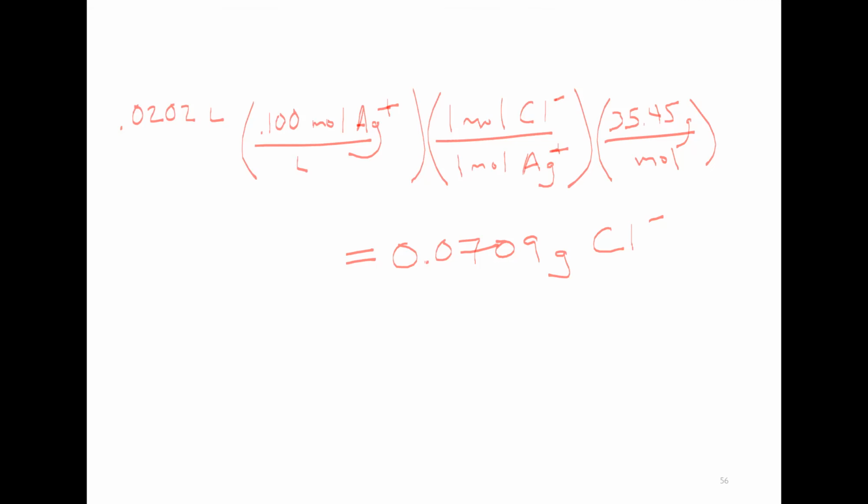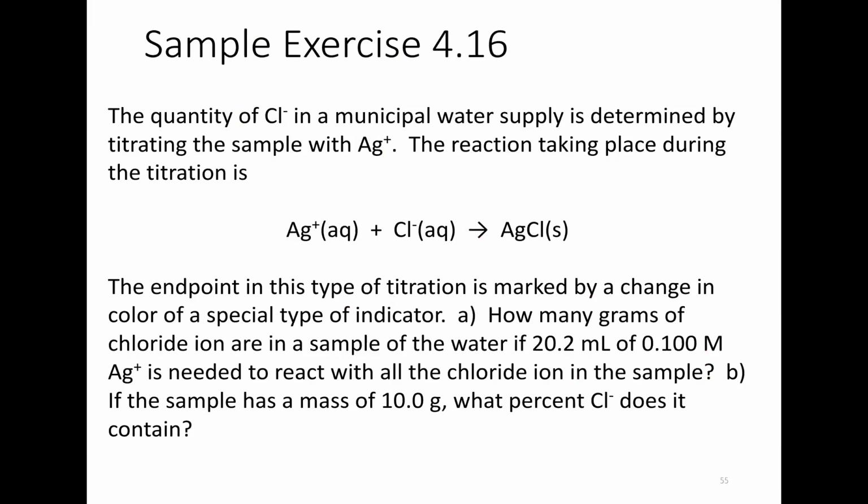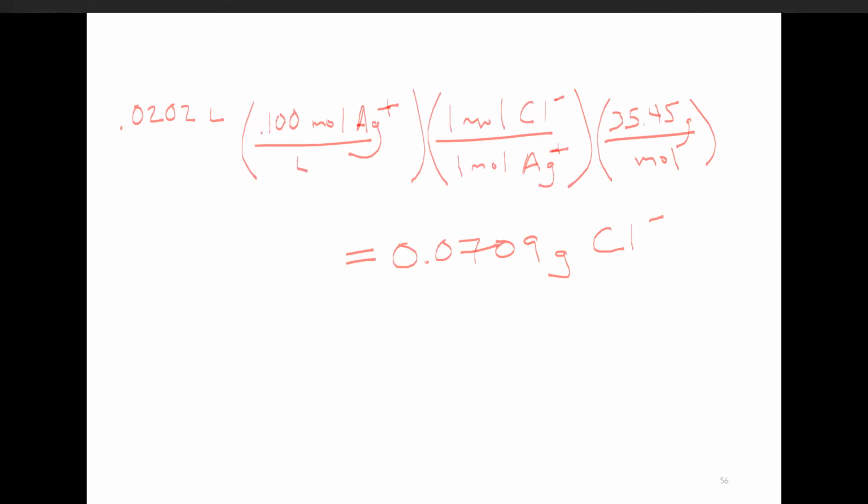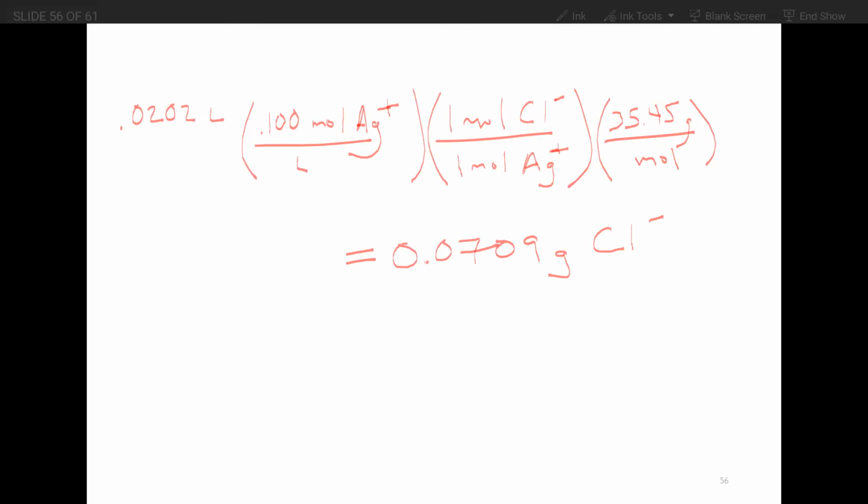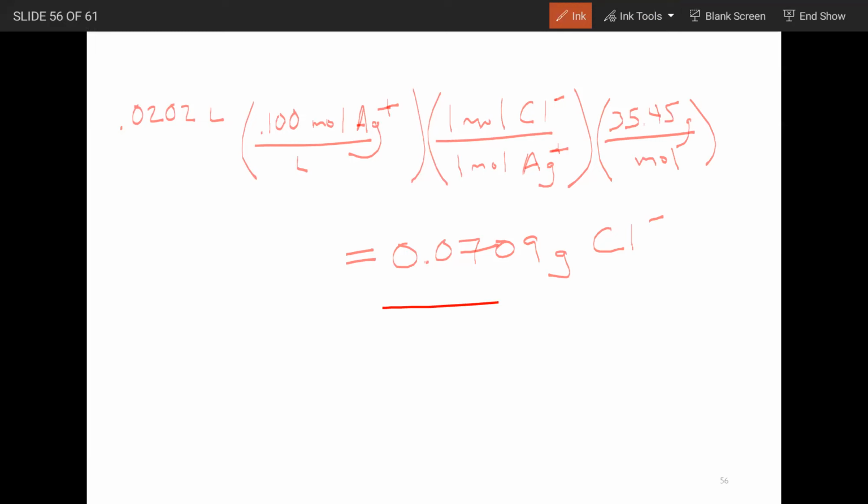It also asked what percentage of that solution is going to be chloride ions if the sample had a mass of 10 grams total. A percentage is always just part over whole.